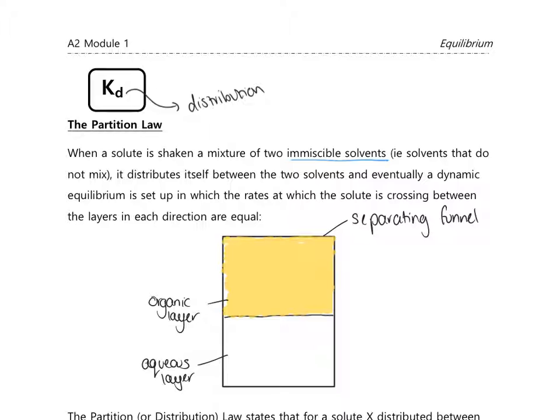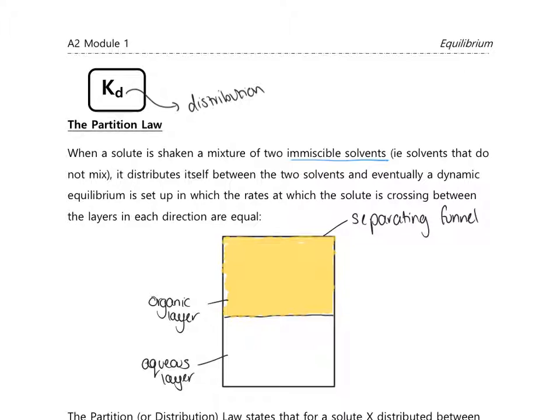So say I want to now dissolve a solute in these layers. The solute will have a different solubility in the aqueous layer than it does in the organic layer. We know that some things dissolve better in aqueous solvents, like polar salts.